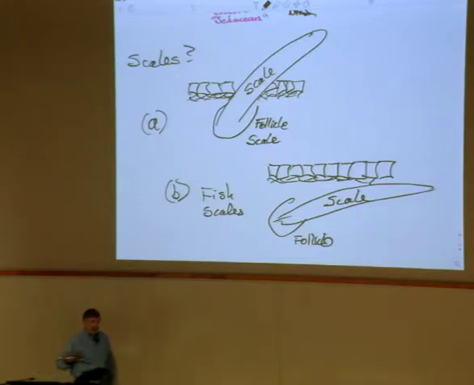They remain underneath the epidermis. So when a scale is taken off, it actually tears the epidermis and takes that with it, and the fish has to grow a new epithelial covering wherever that scale came off.